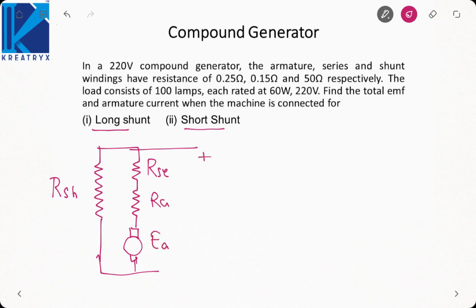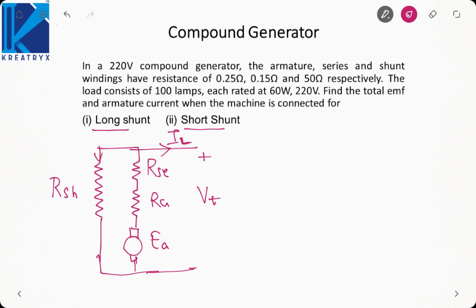So that is how we perform a long shunt. It is nothing much different from a shunt generator, except for the fact that armature resistance is replaced by armature resistance in series with the series winding resistance.